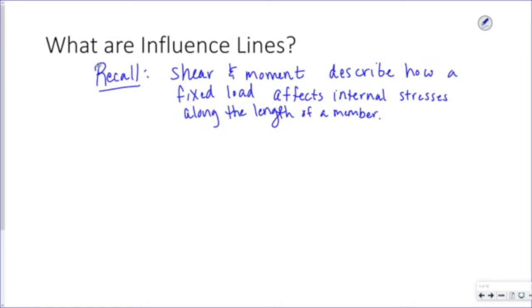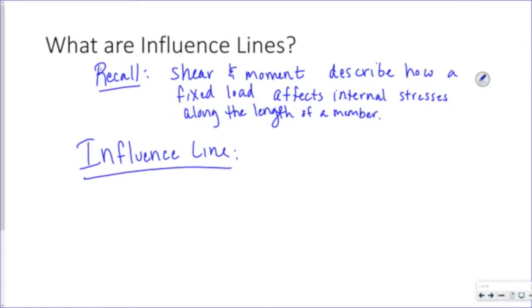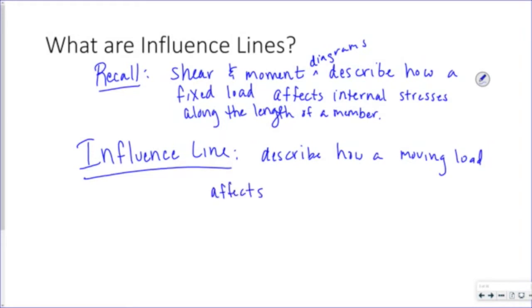So an influence line describes how a moving load affects the internal stresses at a specific point.